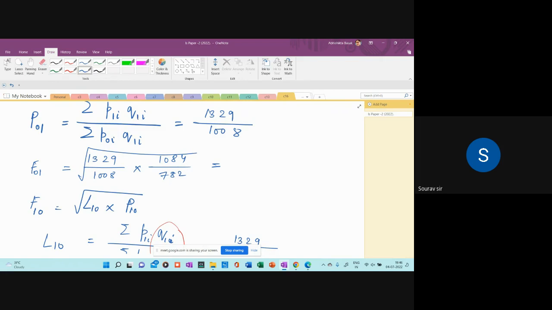If you can see, the value is coming at 0.0015 something.